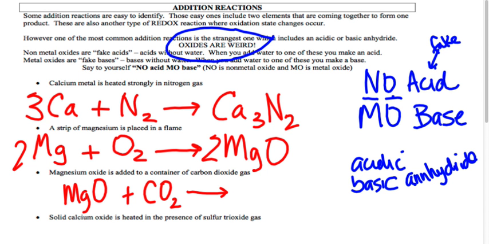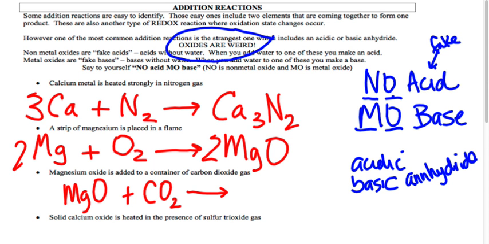Meaning, if you were to take a non-metal oxide and put it in some water, you make an acid. A metal oxide, a metal plus oxygen, is a fake base. If you were to take it and put it in water, it would become a real base. So these guys are missing water. That's all. If they had water, they'd be real acids and bases. They're kind of acid and base wannabes.